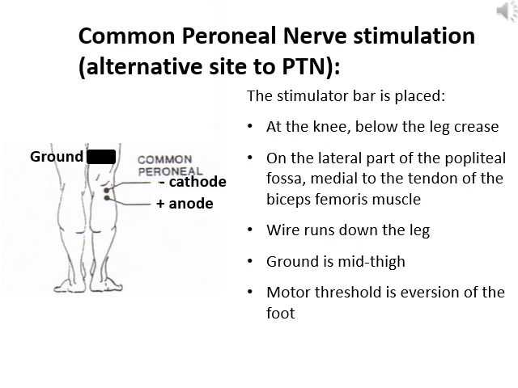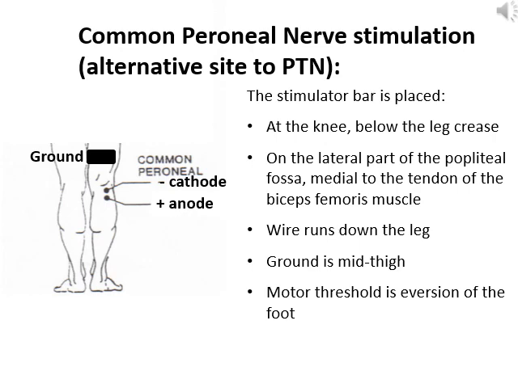The biceps femoris muscle tendon can be easily seen if the patient is asked to bend the knee against resistance. The anode is 3 centimeters away from the cathode down the leg with the wire running down the leg.